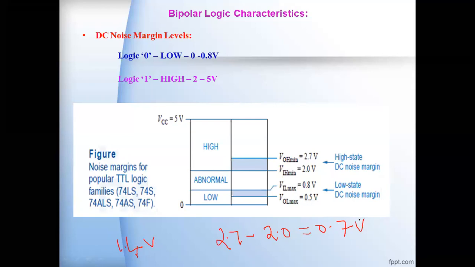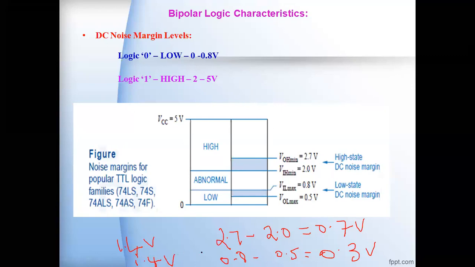Now, what is the low state DC noise margin? It is the difference between the maximum input voltage and the maximum output voltage, low voltages. The maximum input voltage is 0.8 and the maximum output voltage VOL is 0.5, so the low state DC noise margin is 0.3 volts. But for the CMOS logic circuit, the low state DC noise margin is 1.4 volts.